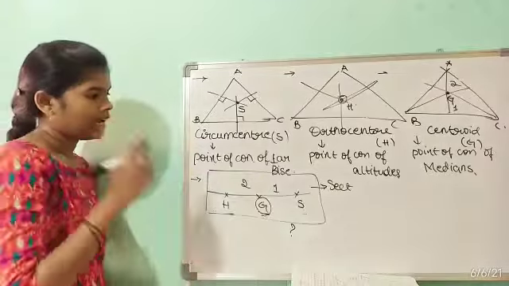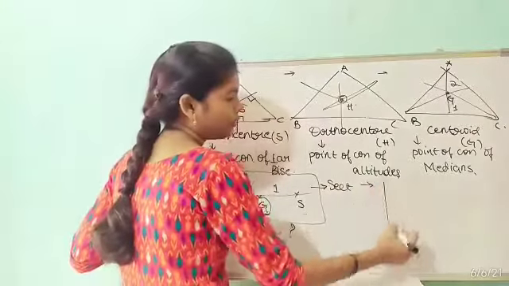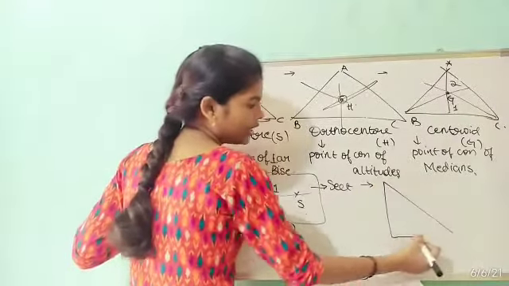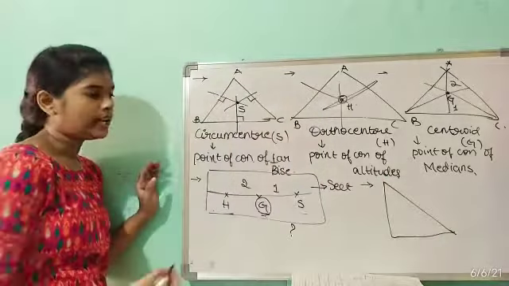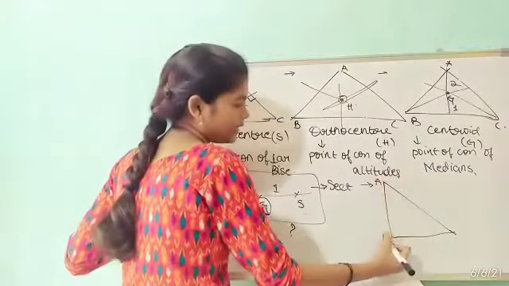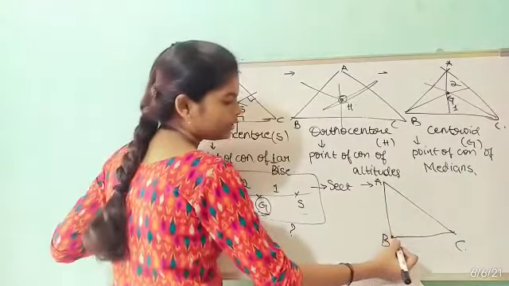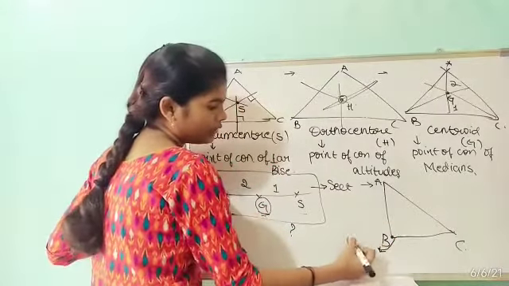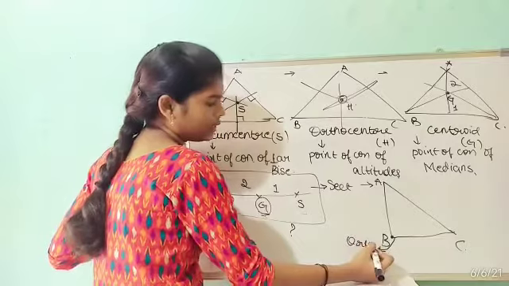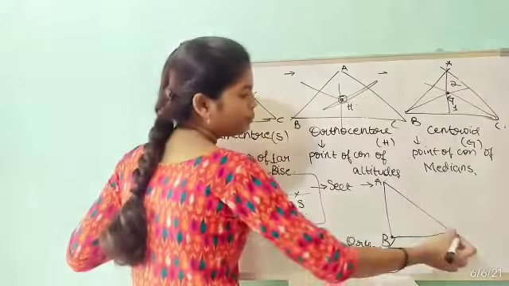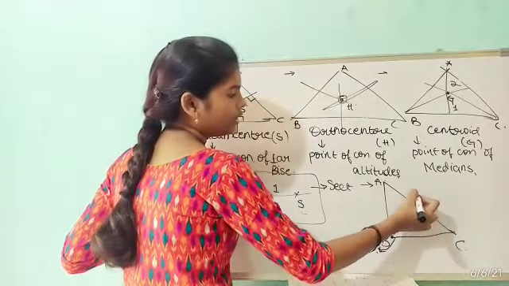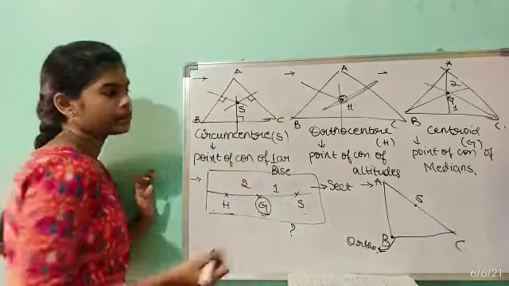Another one: suppose you take a right angle triangle ABC. In this, if B is the orthocenter, then the midpoint of AC will be the circumcenter.